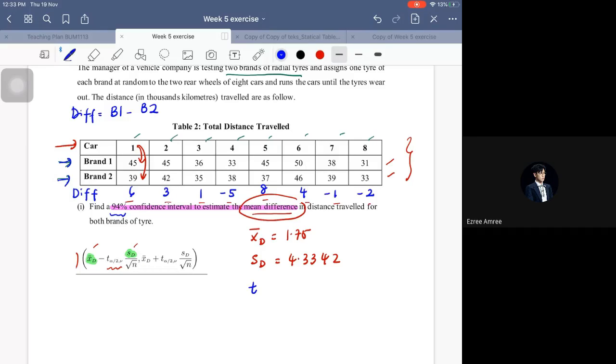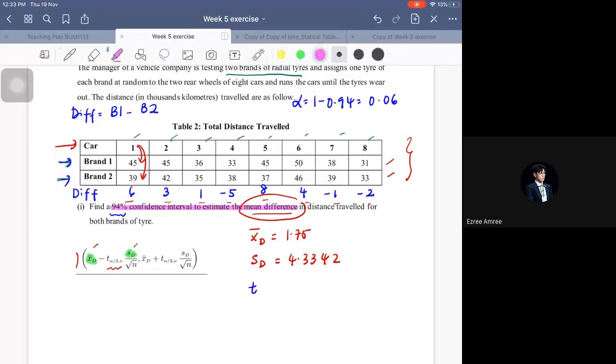Anyone going to tell me what is the alpha value for this case? So I have 94% confidence interval. So I'm going to have 1 minus 0.94. So that is going to equal 0.06. So therefore, my alpha is going to equal 0.06.